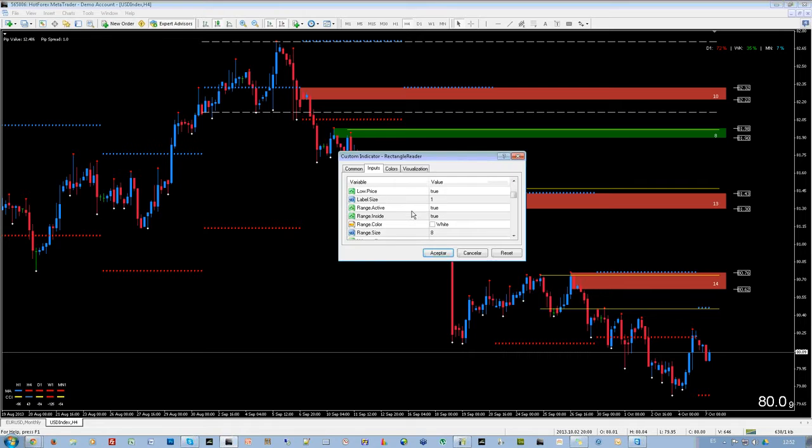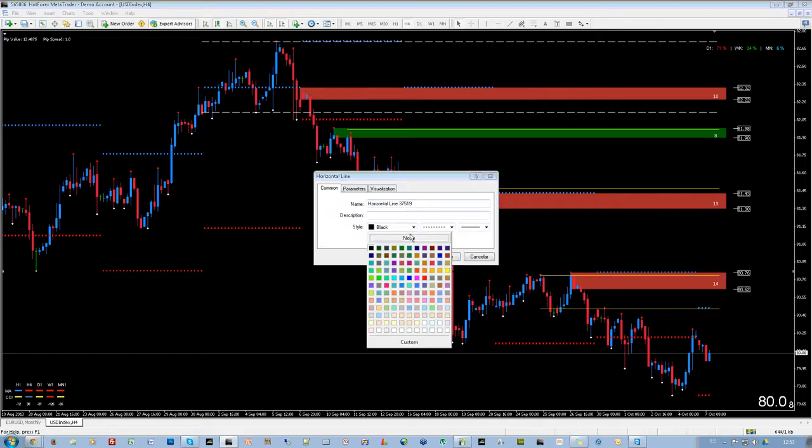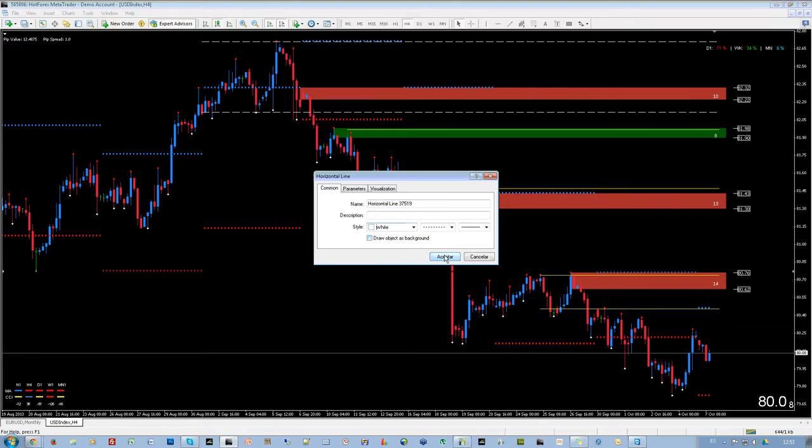Supply rectangle reader. Why isn't it working? No idea what's going on here. It's the first time that happens to me. You should show the trend lines there. It's not even drawing lines, I think. What is here? Ah, black. Okay.